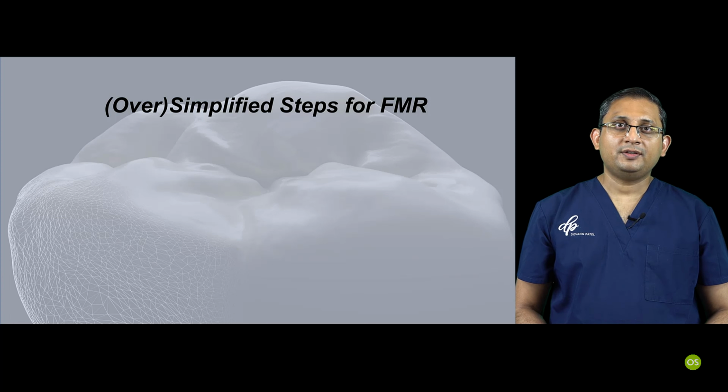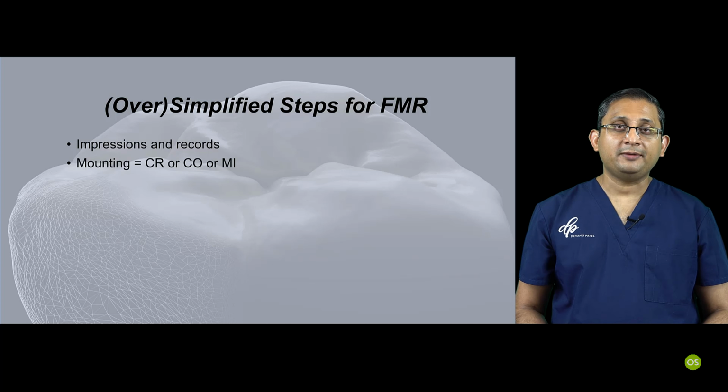The steps we followed were these. For almost all adhesive restoration full arch cases, I would take impressions. I would then decide whether I want to mount in CR, CO, or MI.